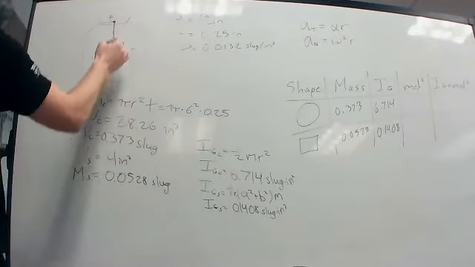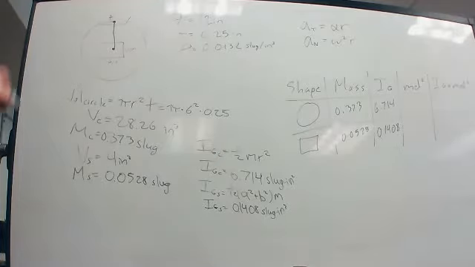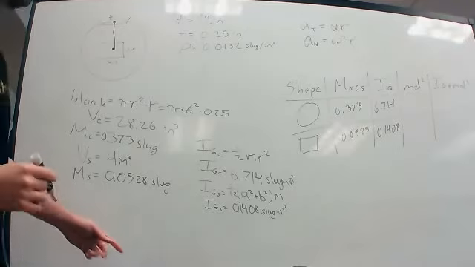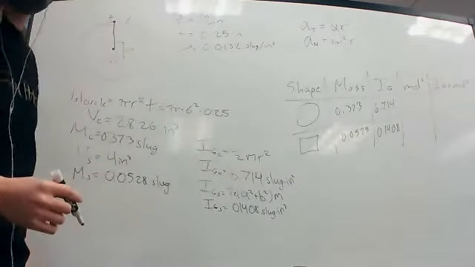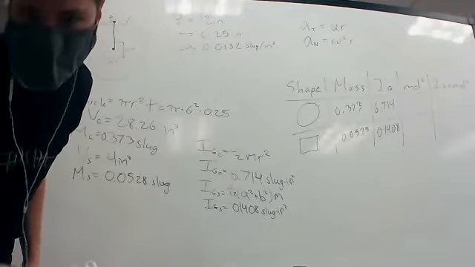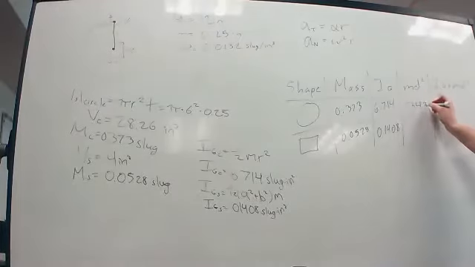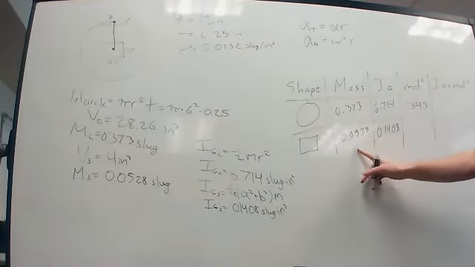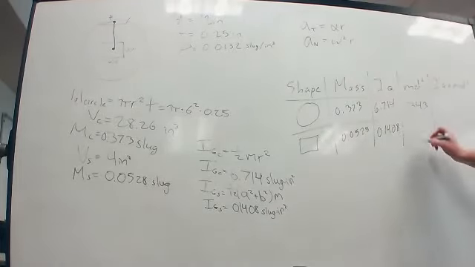This is just the radius because this point is on the very edge of the circle. So MD squared for the circle is the mass times 6 squared, which comes out to be 13.43. And same for the square, the mass times 6 squared comes out to be 1.9.